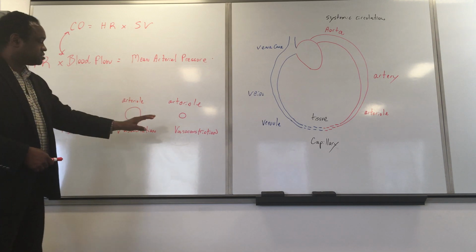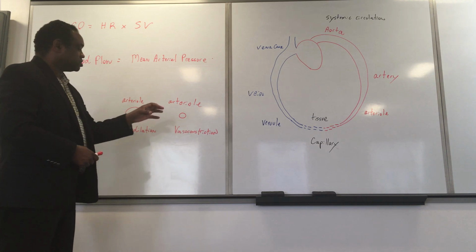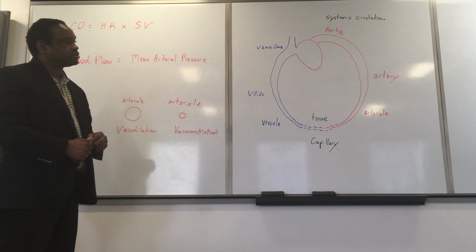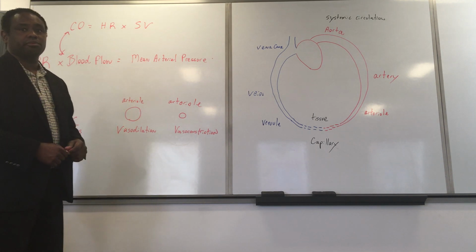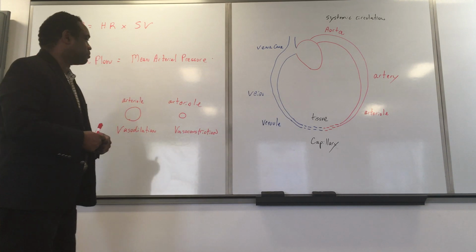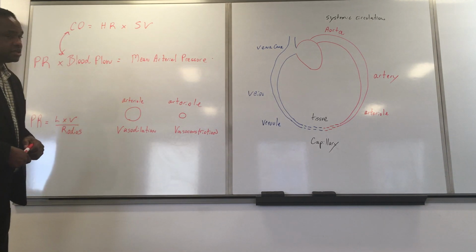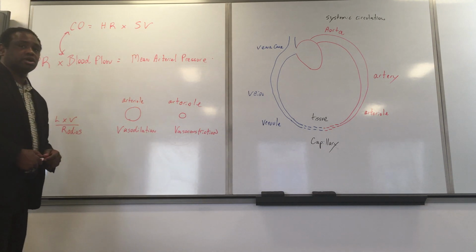So making Interstate 95 just 1 lane, which is vasoconstriction in systemic circulation, is going to increase peripheral resistance and increase your blood pressure. That's what vasoconstriction throughout your whole system indicates: increasing pressure.